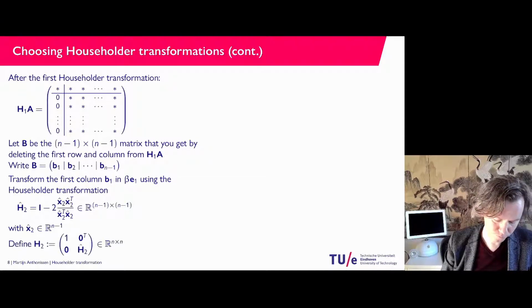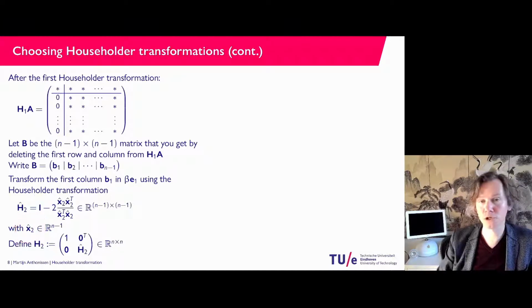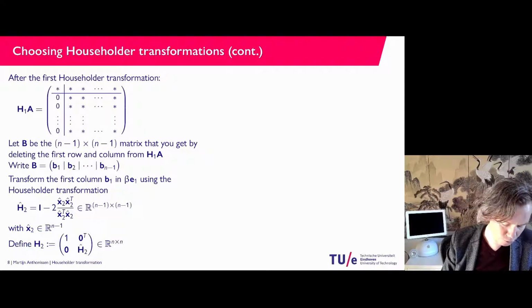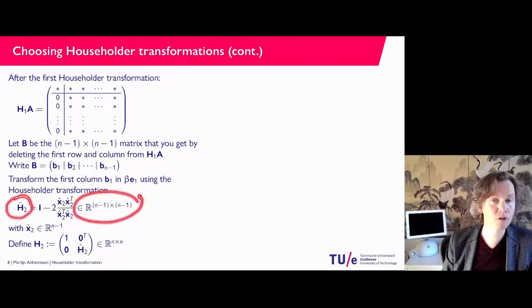And then we get an x hat vector, which is one less, so in R^(n-1). And that has a corresponding Householder transformation, but that Householder transformation is smaller in size because it works on an n-1 times n-1 matrix.